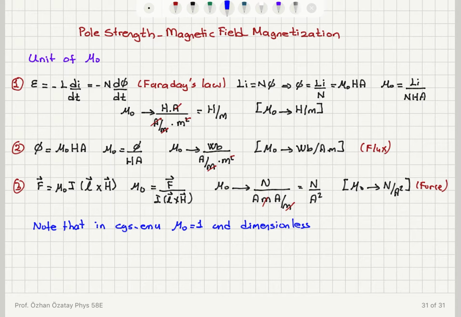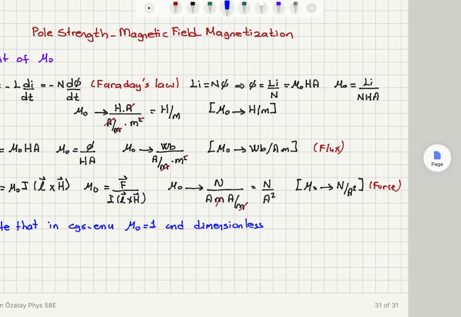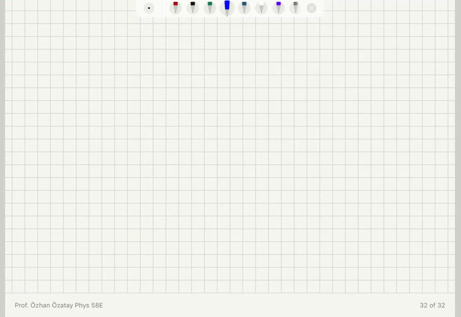So that's for mu0. Now let's talk about the pole strength, the unit of pole strength. I'm going to approach this from the SI point of view first. Now we have the equation between two poles written in SI units, mu0 over 4 pi P1 P2 divided by r squared.